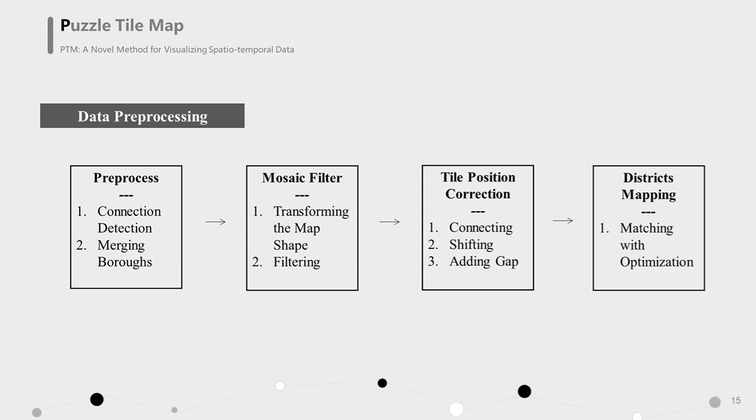The upper half, the process of generating a tile map, can be divided into 4 steps. The first step is to pre-process the map data, and then use the mosaic filter to get the tile map. Then correct the position of the tile map, and finally optimize the administrative district pairing to generate the map.